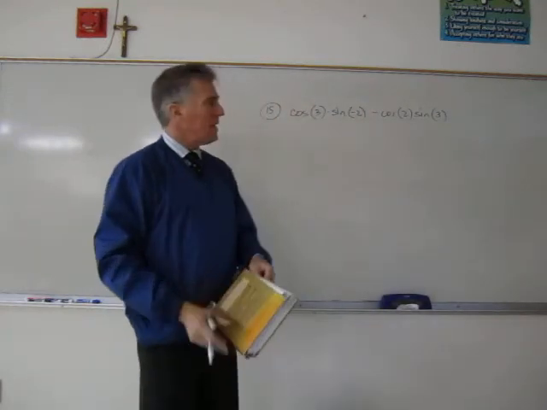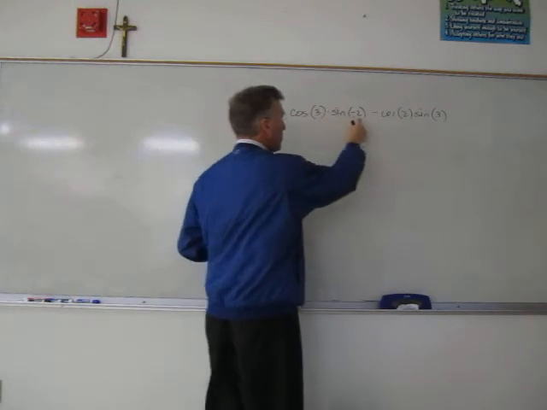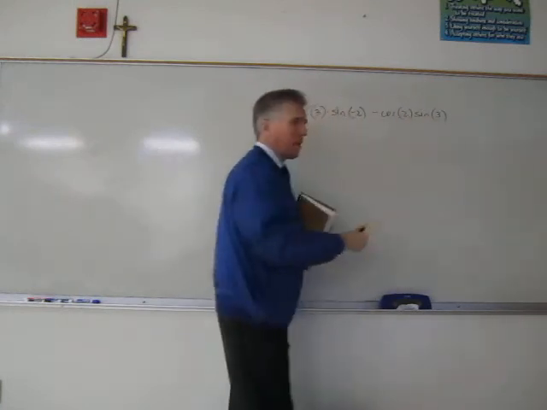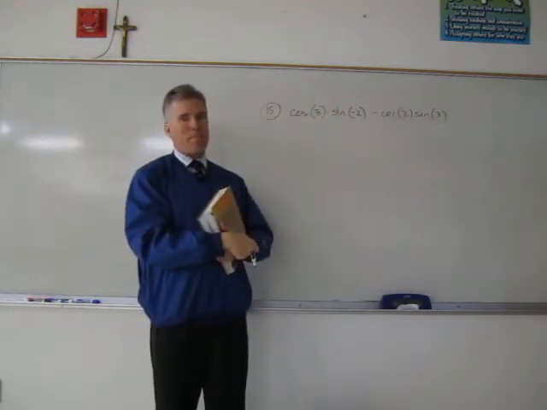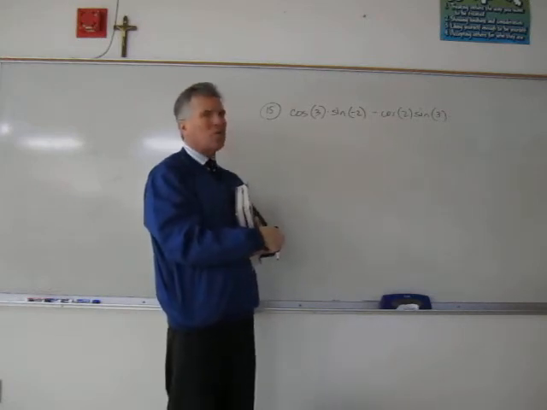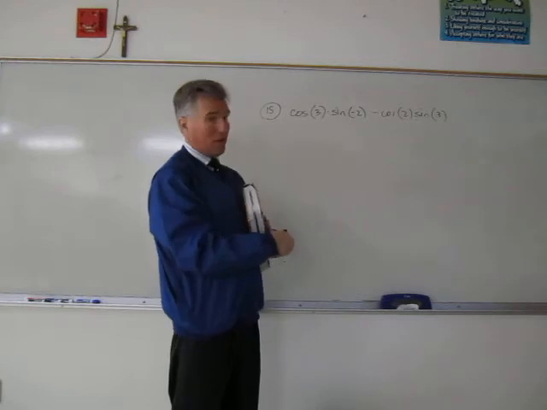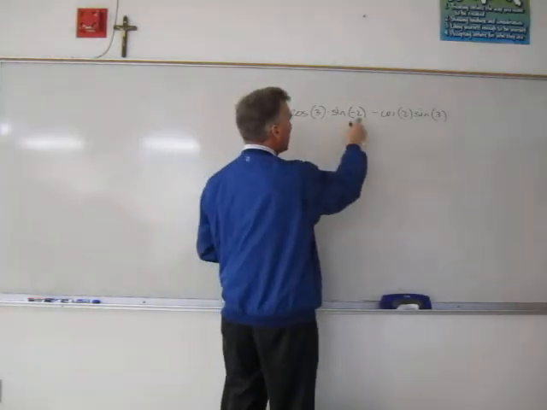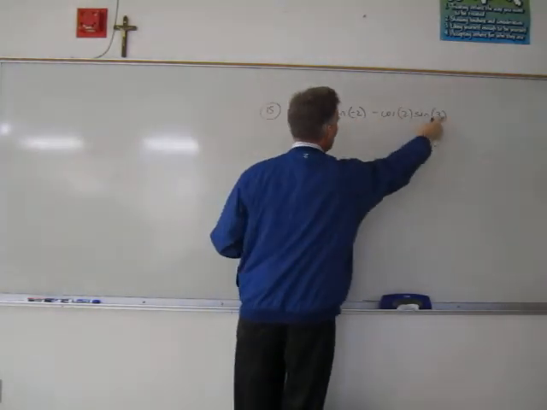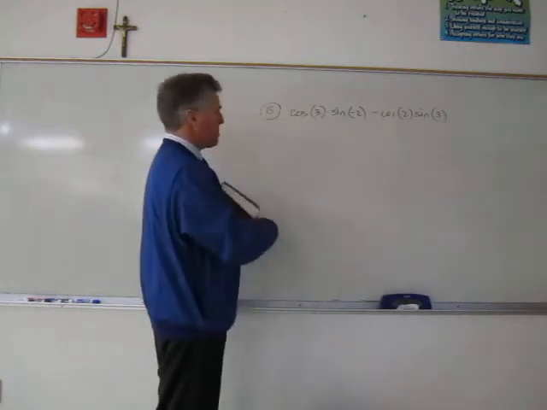Now, are the two angles here the same as the two angles there? They're not. So I cannot use the addition-subtraction formula right away. I've got to do something. I have to make the two angles here match the two angles there.